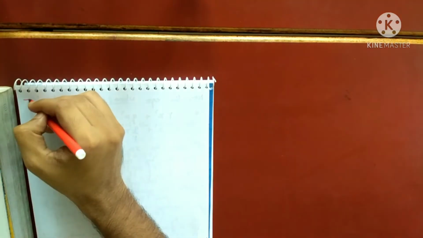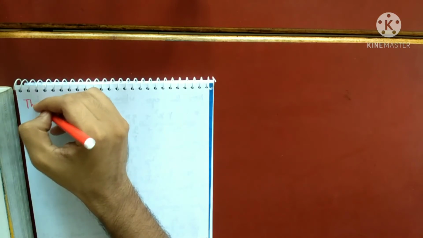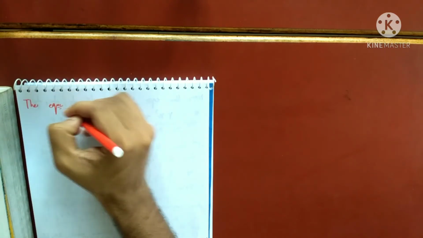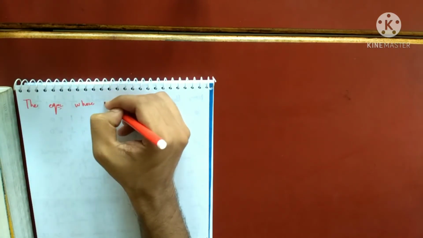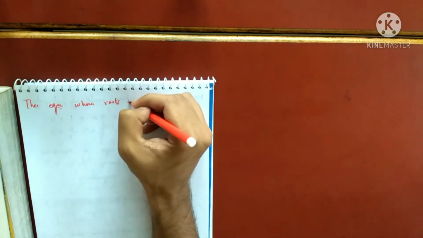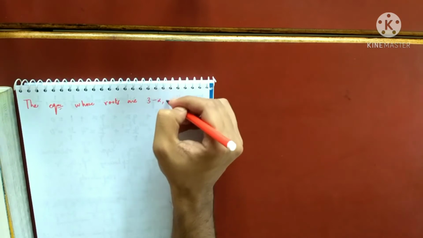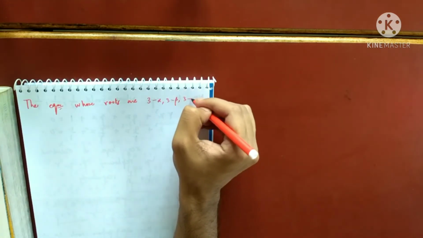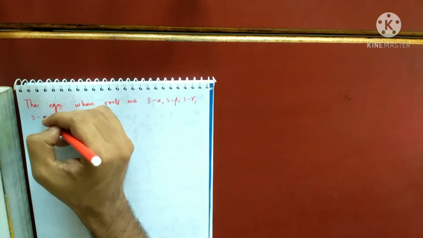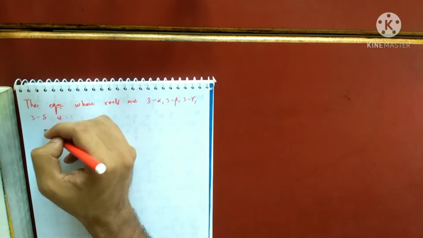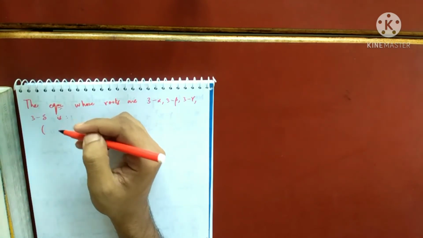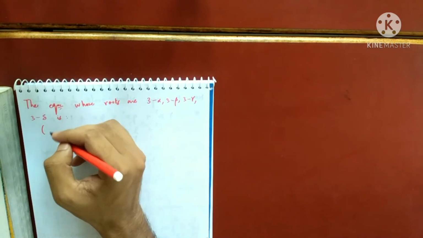So the equation whose roots are 3 minus alpha, 3 minus beta, 3 minus gamma, 3 minus delta is this equation. Wherever there was x, you have to put 3 minus x there.